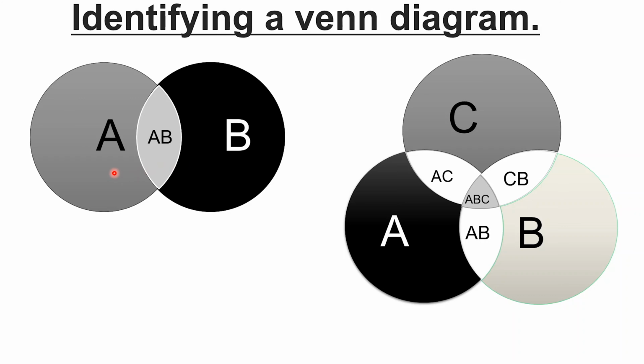Here you can identify the Venn diagrams with two subsets and the Venn diagrams with three subsets. It is easy to identify similarities and differences. The overlapping areas describe the similarities and the areas that aren't overlapping describe the differences.